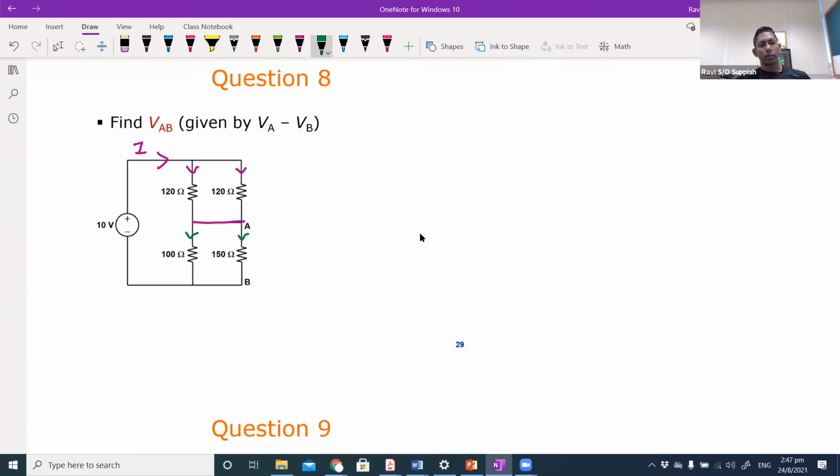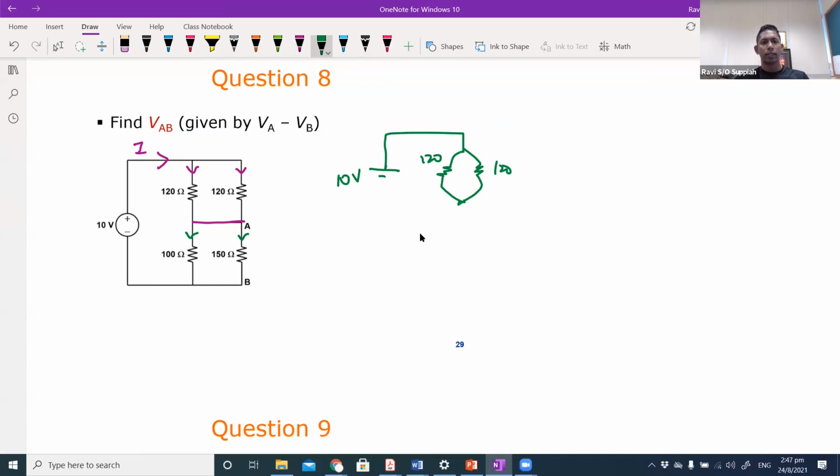All right, so sometimes the way we draw the circuit might be confusing, so you can always redraw it in a way that you feel you can see it clearly. So you can imagine that I come here and I have two resistors first. That means first is the 120 and 120.